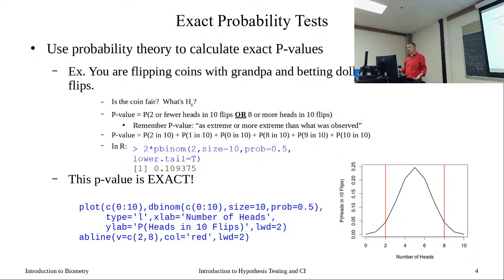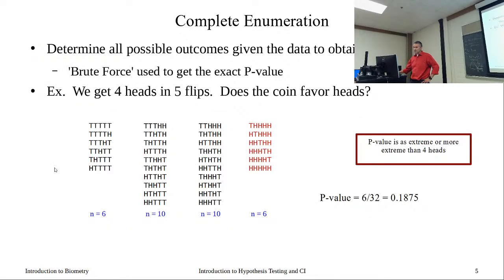I prefer to use them anytime we can do an exact probability test. Now we'll probably come back to this, the p binom, as part of our goodness of fit test. But I present this here to kind of get us along that pathway.